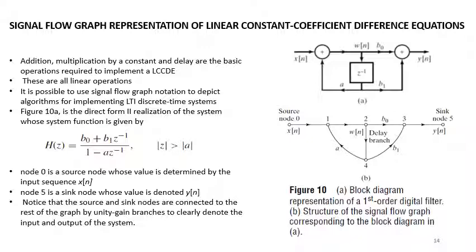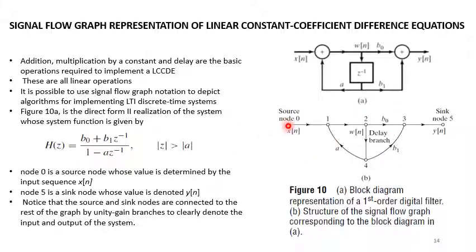Figure 10a is the direct form 2 realization of the system whose system function is given here. I hope from here you can find the linear constant coefficient difference equation. So this is the block diagram representation. Similarly, for the signal flow graph representation, we have this figure.